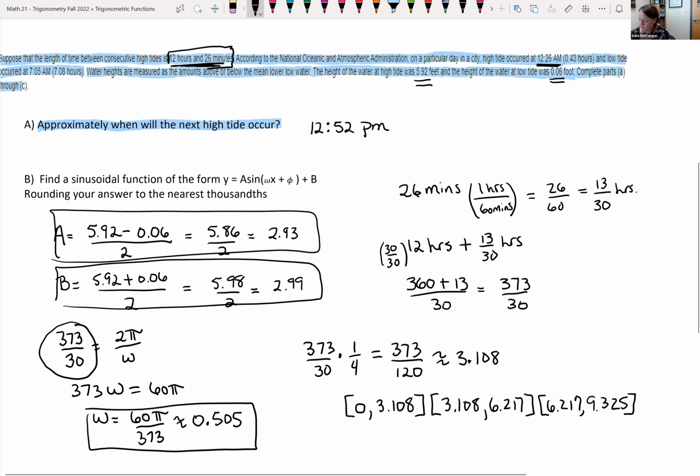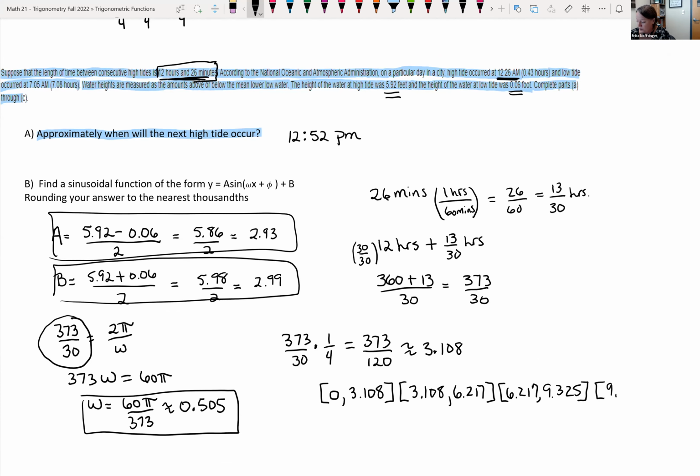And for the last interval, we add 3.108 to 9.325, which gives us 12.433.